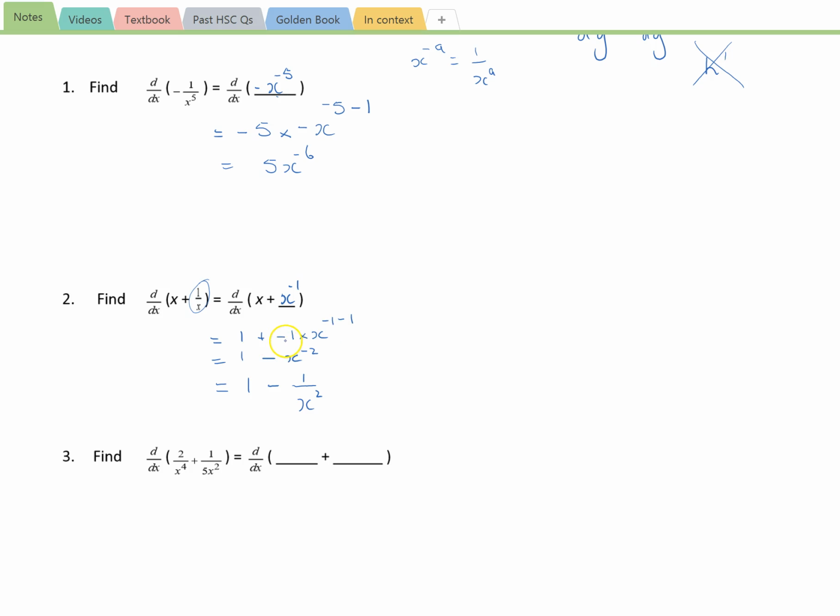If I'm adding a negative, it's the same as subtracting. And I've got x to the power negative 1 subtract 1 is negative 2. Be very, very careful about that. Now 1 minus x to the minus 2 can be written using this rule here as 1 over x to the plus 2.